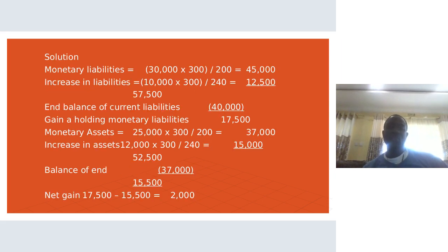So if you subtract the 40,000 from 57,500, now what we'll have is 17,500. Now this 17,500 is again in the monetary liability. There has been an increase in the monetary liability.